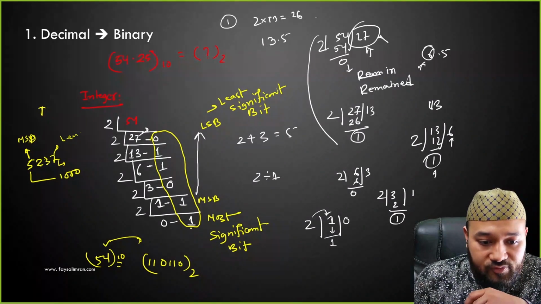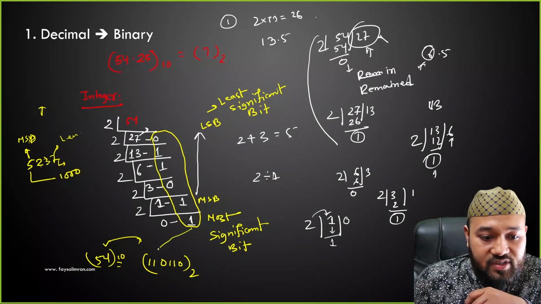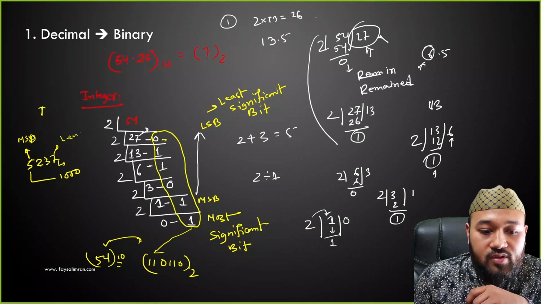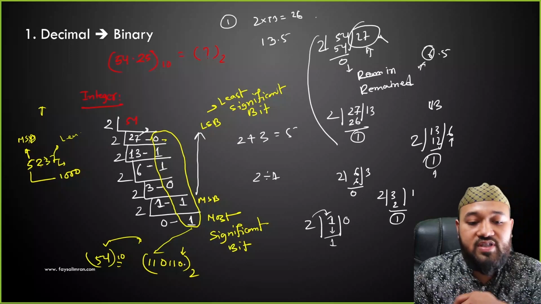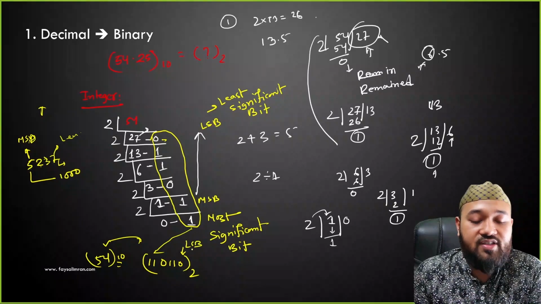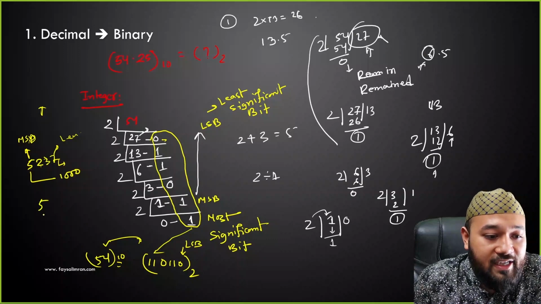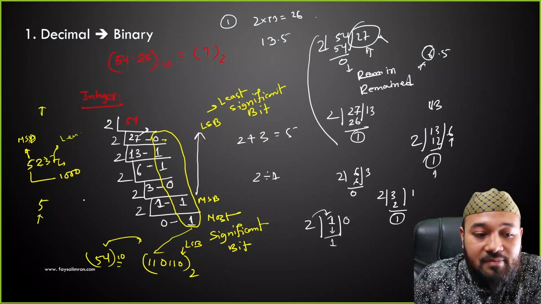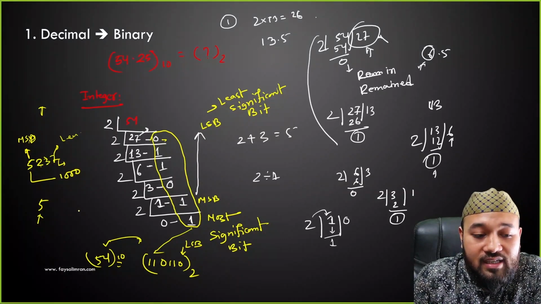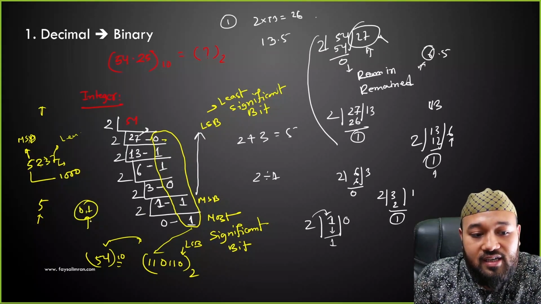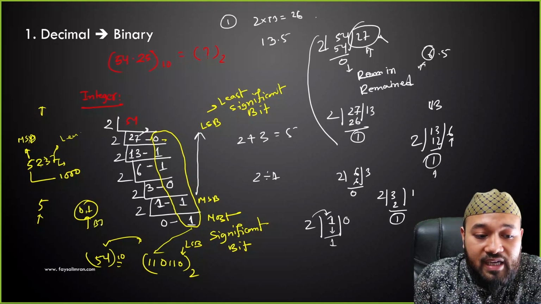That means if we write down like this, this one is the most significant bit, and this 0 here is the LSB, least significant bit. Clear? Yes, sir. So here if we write 5, that is a digit, but if we write 0 1 in binary, this is a binary digit. That means we call it a bit.